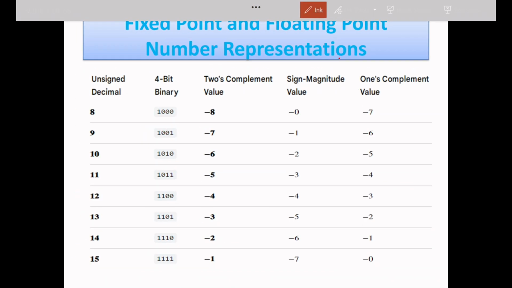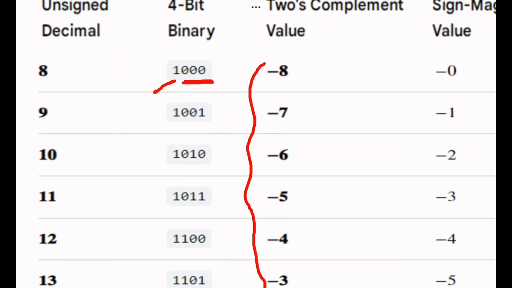In this next page you can see I am writing from 8 to 15. So you can see here last 3 bits are 0. Because of these 3 bits the number is 0, and the first bit is representing minus. You can see every time I have written minus. Why? Because your first MSB is 1. If you are not able to understand, again I will show you.